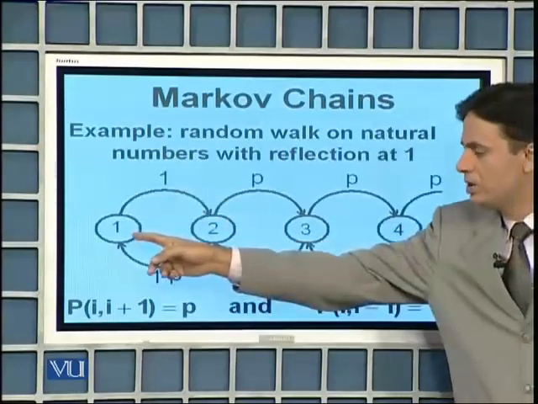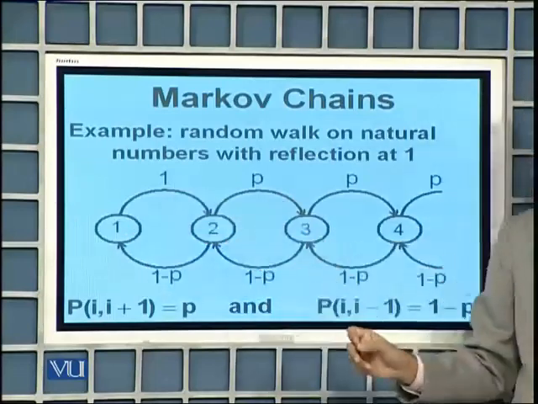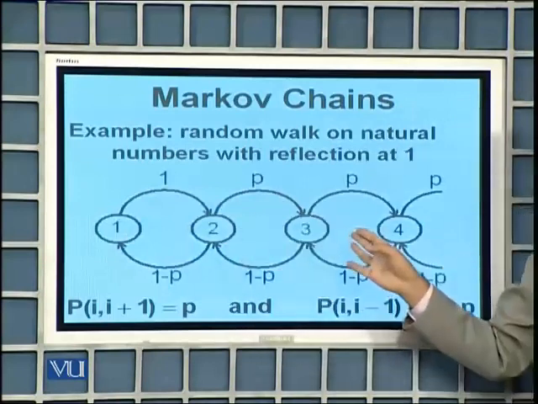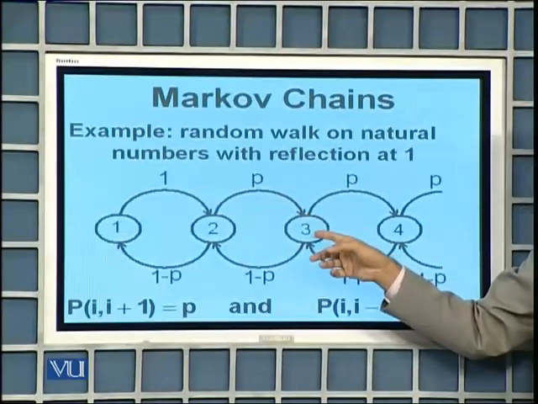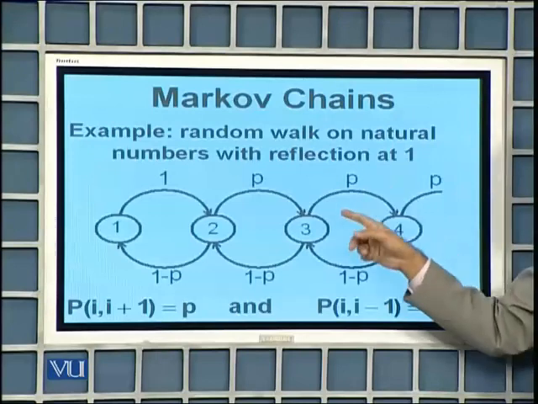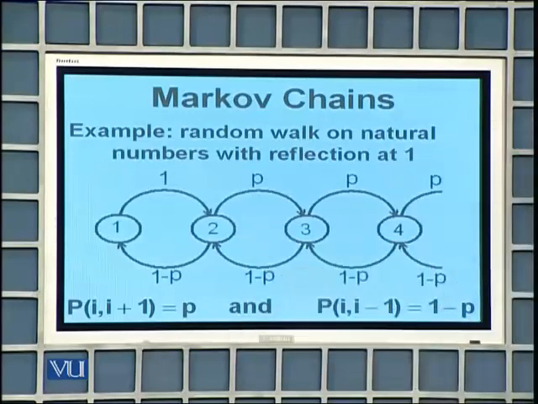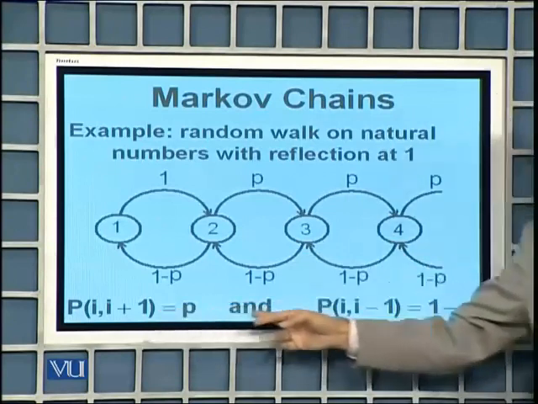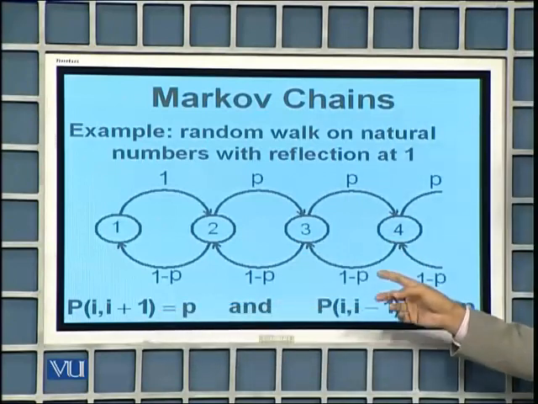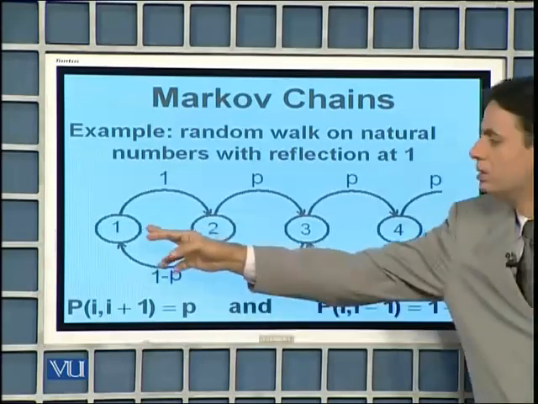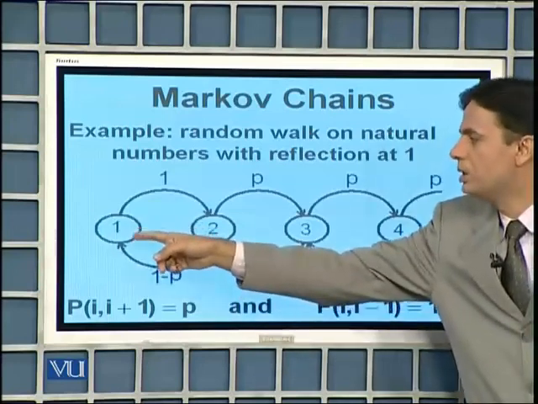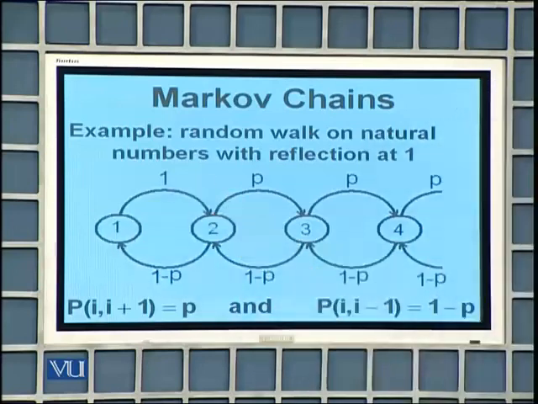So once you reach state 1, you always move to state 2, and for all other states, you move towards the right with probability p and towards the left with probability 1 minus p. So you can write these transition probabilities here, with the exception of the transition probability from 1, which is always 1, with the transition going towards state 2.